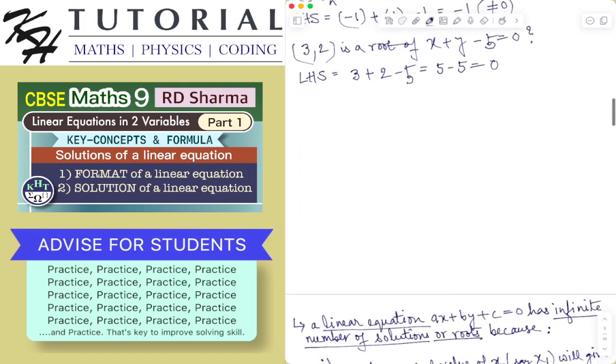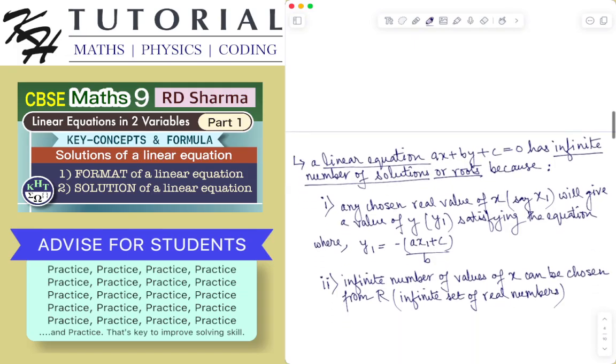The next concept is that a linear equation ax plus by plus c equals to 0 has an infinite number of solutions or roots. Why is it so? Any given linear equation of the form ax plus by plus c equals to 0 has infinitely many solutions, meaning there will be an infinite number of ordered pairs x1 comma y1 which satisfy the given linear equation.